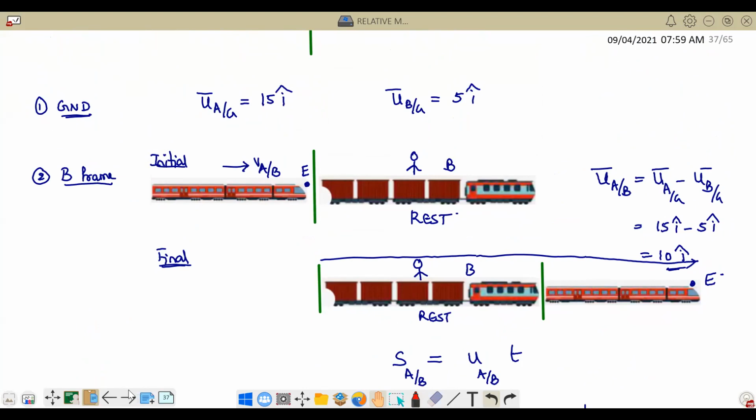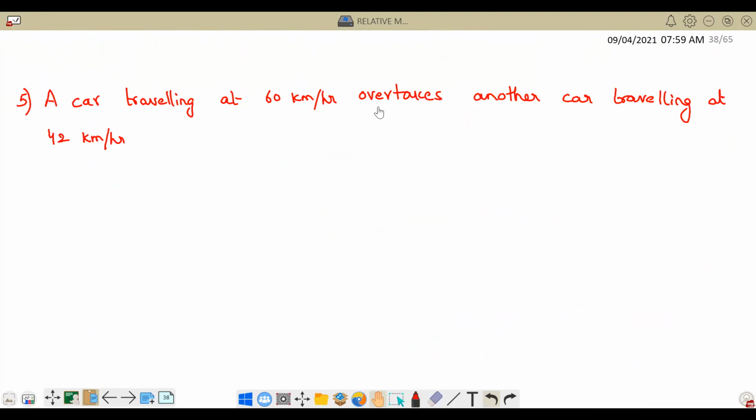A car traveling at 60 kilometers per hour overtakes another car traveling at 42 kilometers per hour in the same direction. Each car has a length of 5 meters.